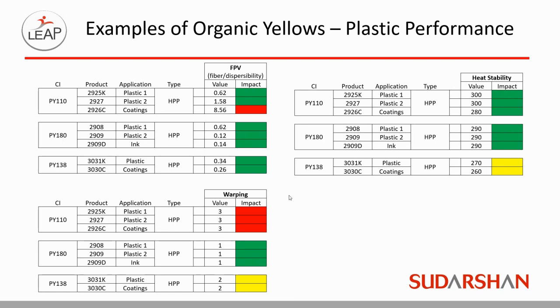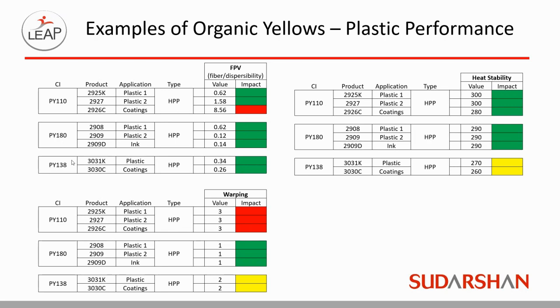So the first block is a comparison for FPV, or sense of dispersibility. For the yellow 110, we took a look at both a couple of plastics versions as well as coatings. And you can see the value is very different depending on the chemistry.